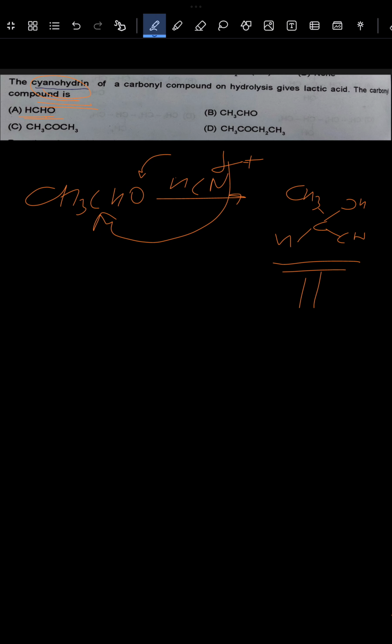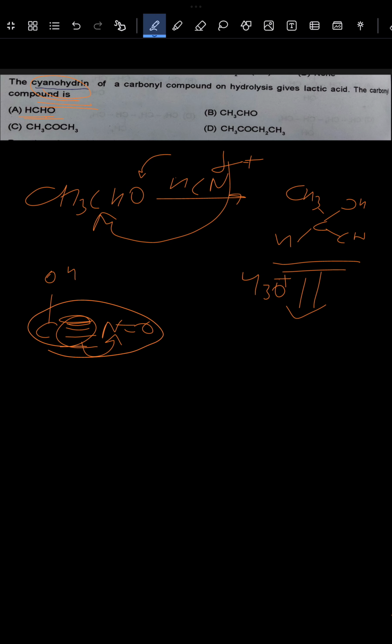And now when we hydrolyze this by adding H3O plus ion, if you look at the hydrolysis of this cyanide group, it happens as this. First this bond breaks up, and we have an OH group here, and then this bond breaks up and we have a double bond O group here. So the hydrolysis product of this cyanide group is like this. Okay, so now when we hydrolyze this, we get this.